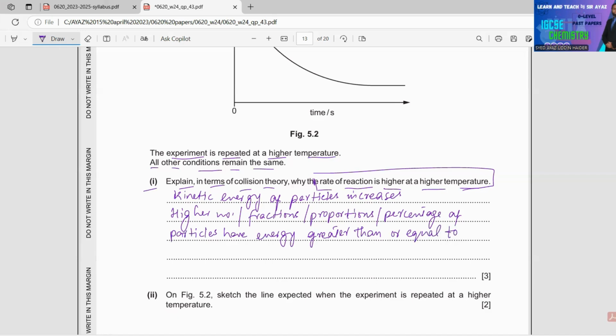Activation energy is represented by capital E with the base A. You will get 2 marks here. 1 mark for this one mark for this statement.